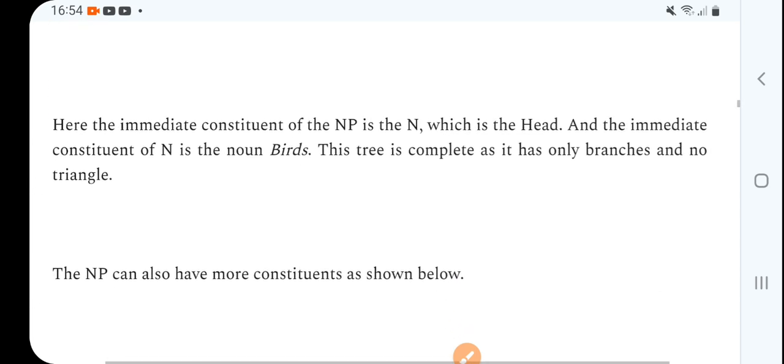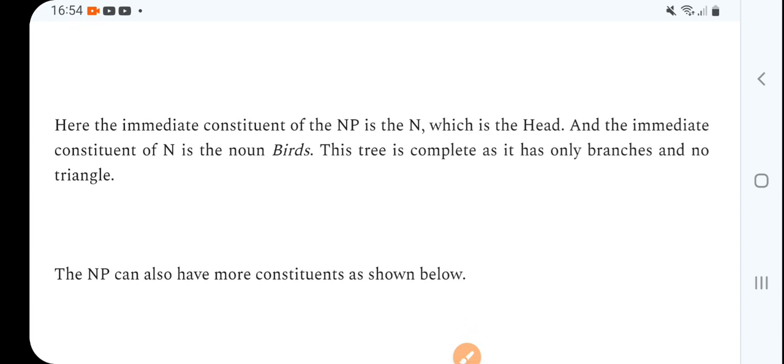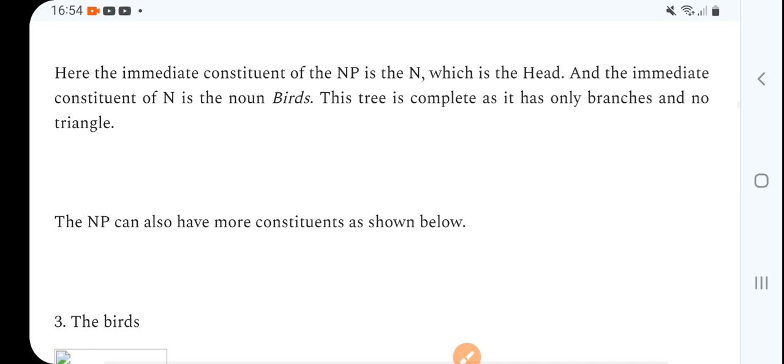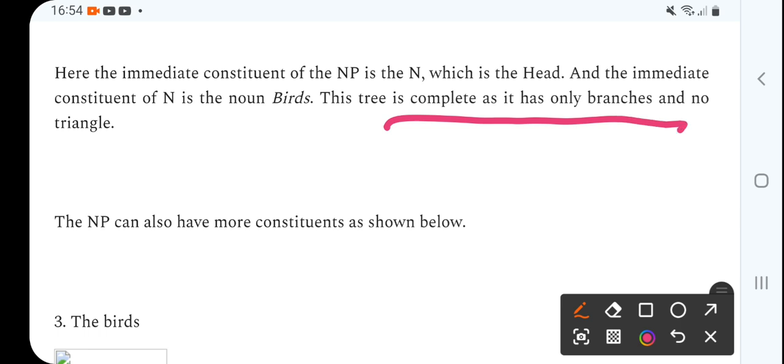Anyway, here the immediate constituent of the noun phrase is noun, which is the head, and the immediate constituent of the noun is the noun bird. So through this example, we can say that the tree is complete as it has only branches and no triangle, right?